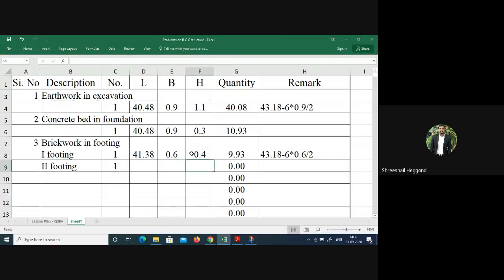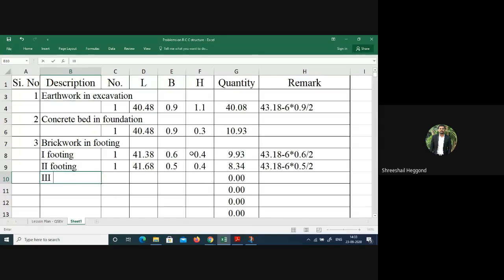Number will be 1 because you are using the central line method. 43.18 is central line length minus number of T junctions, 6, into width of second footing, 0.5. Therefore, length will be 41.68. Width is 0.5 and height is 0.4.